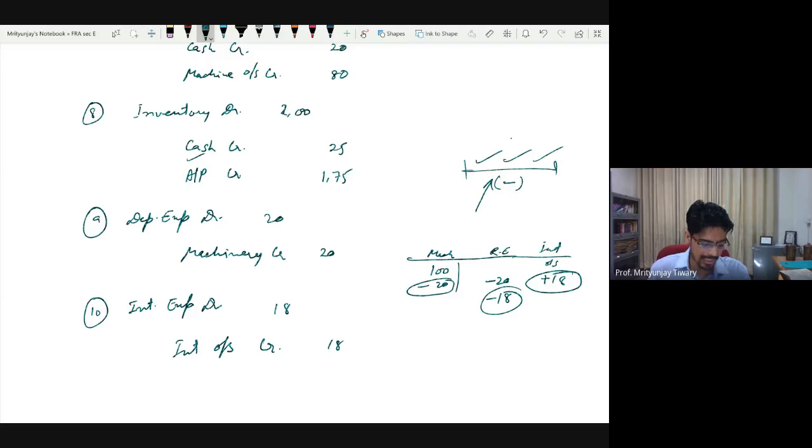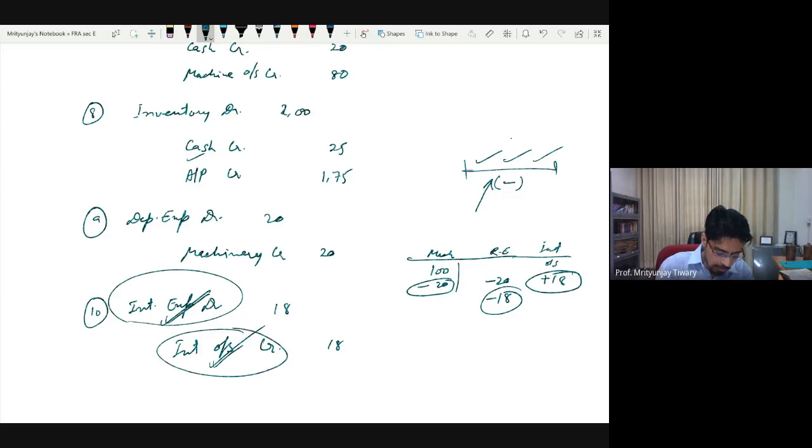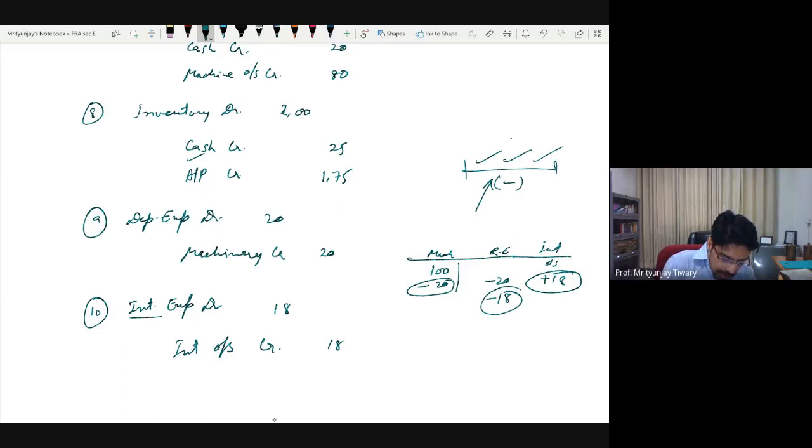Let me tell you one of the tips here: it is always advisable to keep using suffixes or sometimes prefixes, so that later on it becomes clear that these heads have the word interest in common. This one also has the word interest, this one also has the word interest, and this one also has the word interest. Now, once I have used these suffixes, the distinction is clear that this one is an expense and this one is a liability.